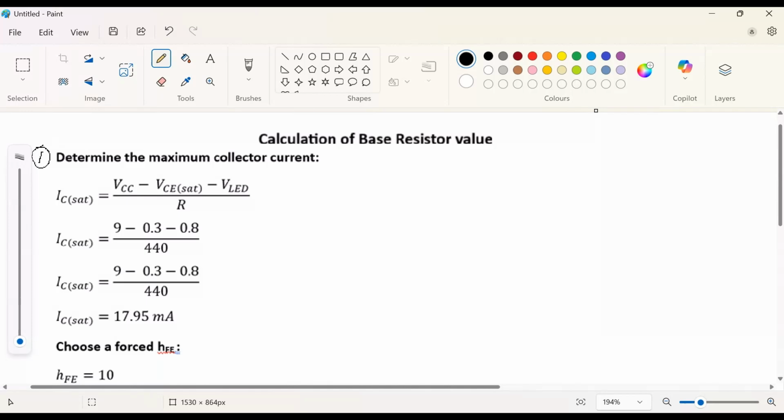VCE sat is the voltage between the collector and emitter terminals when the transistor is on. This voltage is typically 0.2 to 0.3 volts. We are assuming 0.3 volts in this case. So when we calculate 9 minus 0.3 minus 0.8 divided by the current limiting resistor R, which is 440 ohms, we get an IC sat, the maximum collector current, of 17.9 milliamps.